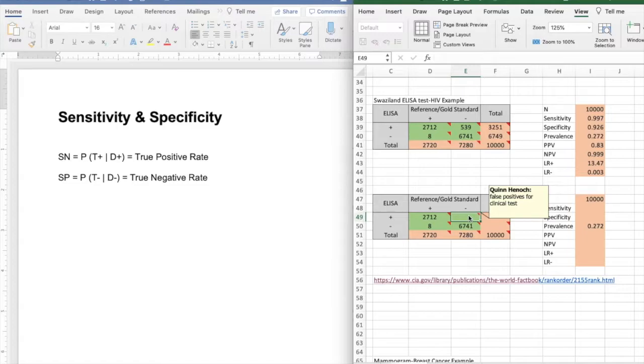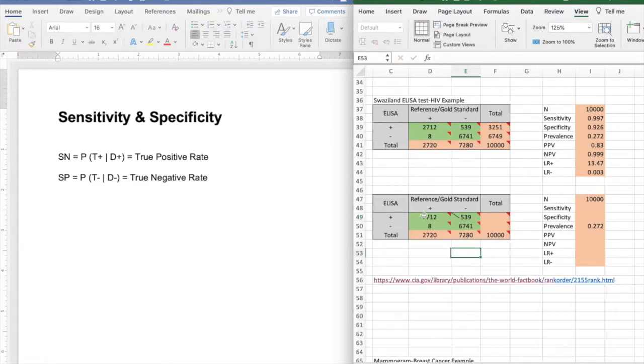And then this box is our false positives. So this is people who don't actually have HIV, but tested positive in the ELISA test. And we get that number simply by finding the difference between these two. So 539 false positives.